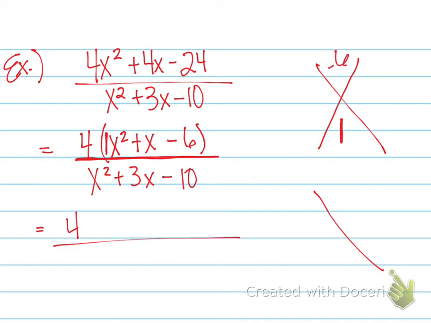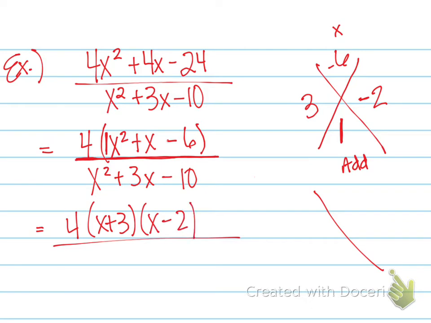So remember, we are trying to add to 1, multiply to negative 6. 3 and negative 2. So we have an x plus 3 on top and an x minus 2 on top.